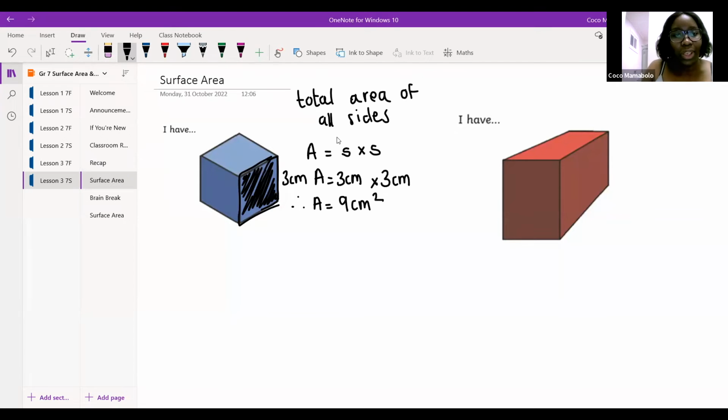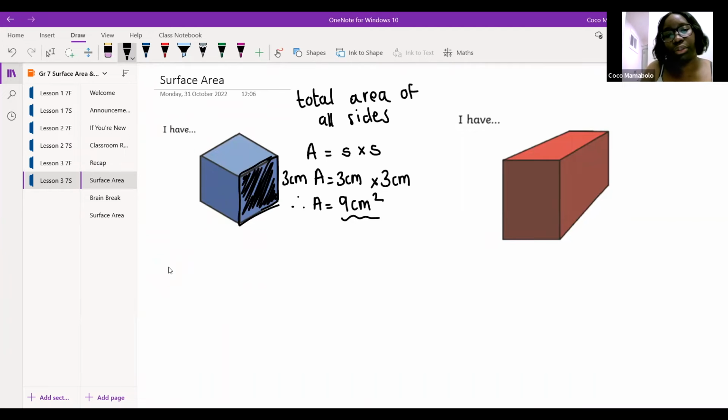But this is a 3D shape. It's not just one face. Can I ask you guys again, how many faces of a cube do I have? Yes, Emmanuel. Ma'am, we have 6. Excellent. So if I have 6 sides and each side has an area of 9 centimeters squared, how can I find the total area of all the sides?